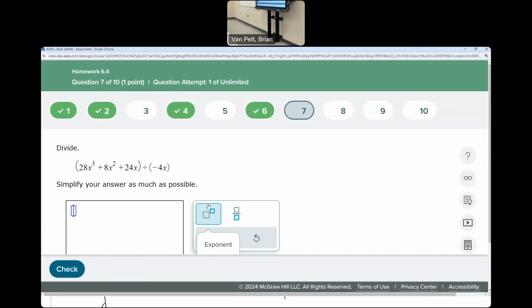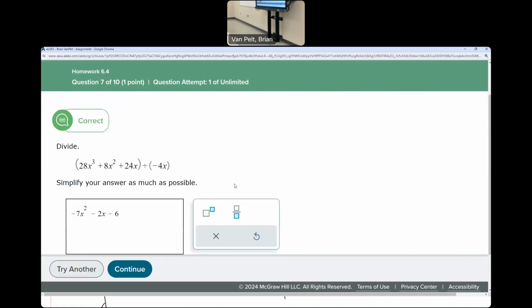The first one will be negative 7x squared, minus 2x, minus 6. Let's check it out. Very good.